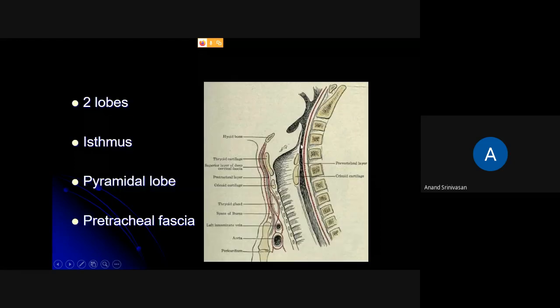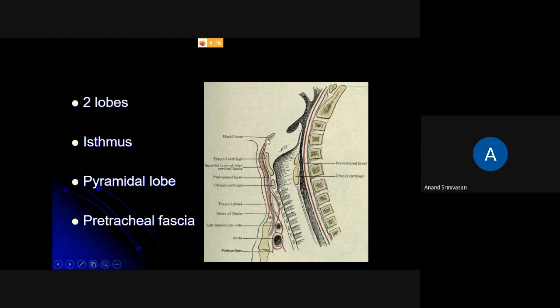Now this thyroid gland is enclosed by a fascia. This is the sagittal section of the neck. Here you can see this is the trachea, and this is the thyroid gland. You can see the thyroid gland is enclosed by a red colored line.